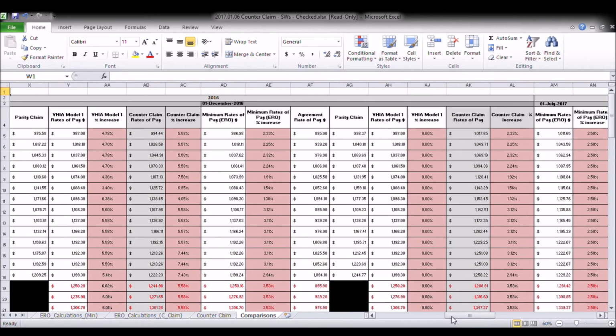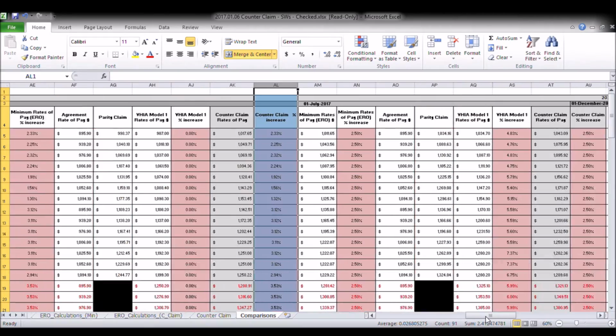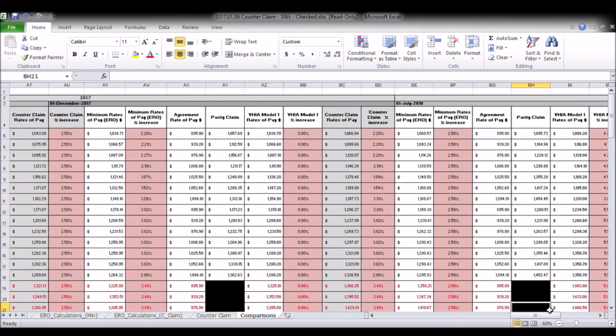It shows you the relevant increase that is payable under each proposal, being number 1, projected minimum wage rates, number 2, the VHIA Model 1, and then again, the counterclaim percentage increase. This is repeated all the way to 2018.